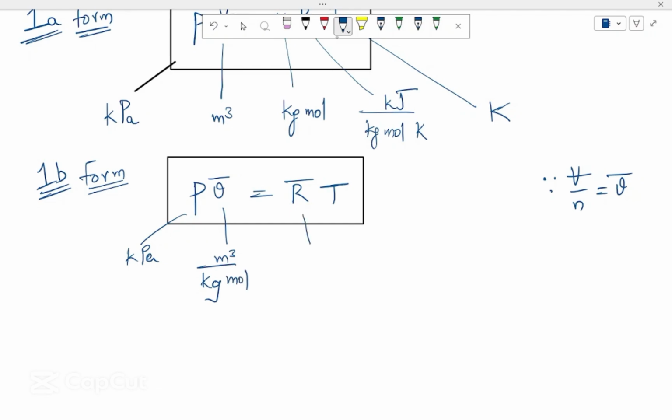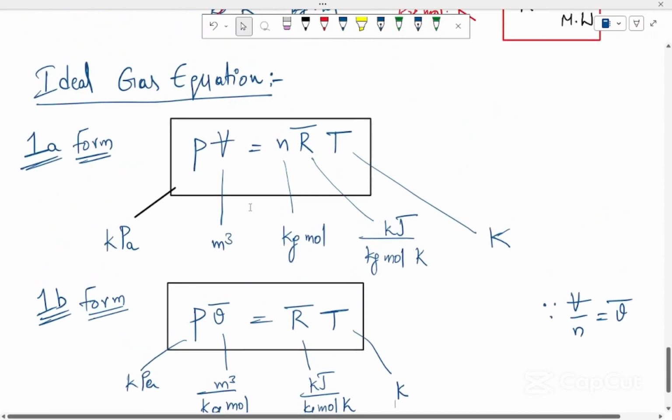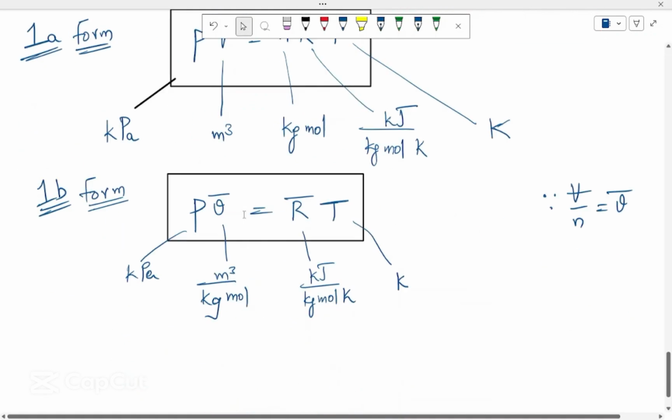And for my R bar, as usual, kilojoule per kg mole Kelvin. And for temperature, I have Kelvin again. So that's how you will get the forms 1A and 1B for your ideal gas equation based on R bar. These two expressions are written based on R bar, that is your universal gas constant.